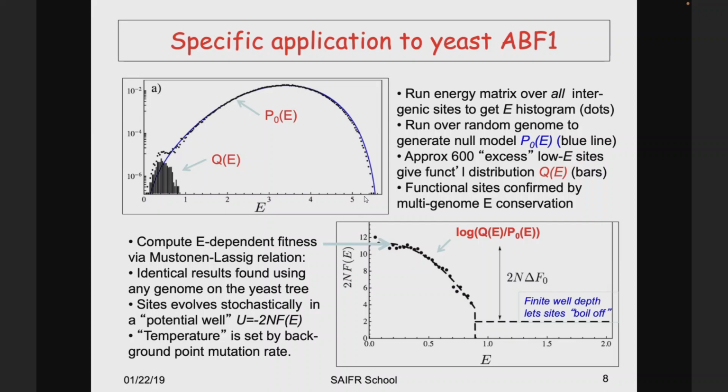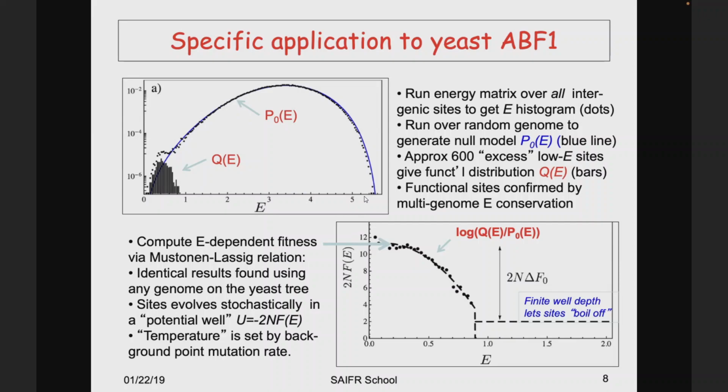The dots are the numerical values for the genome in question. The blue line is the histogram of potential binding site energies for ABF1 that you would get if the genome were simply a random genome, with the usage frequencies of the bases being the usage frequencies of the actual genome.